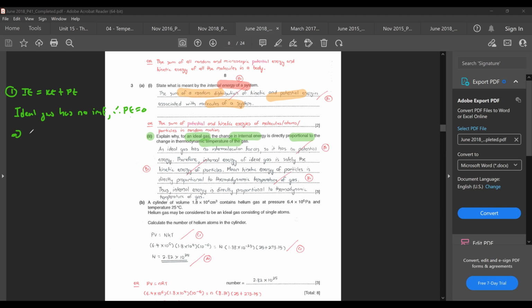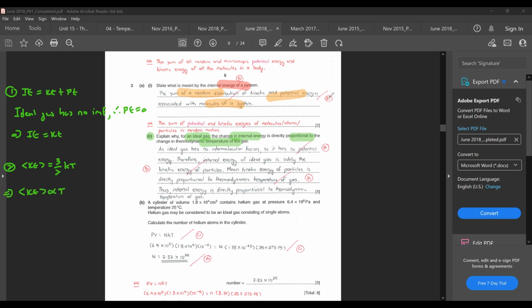So this gives you the conclusion that internal energy is equals to KE. And then after that, mean KE is proportional to temperature. This one you will learn further in your ideal gas chapter. The original equation was 3 over 2 kT, such that you can say that mean KE is proportional to T.